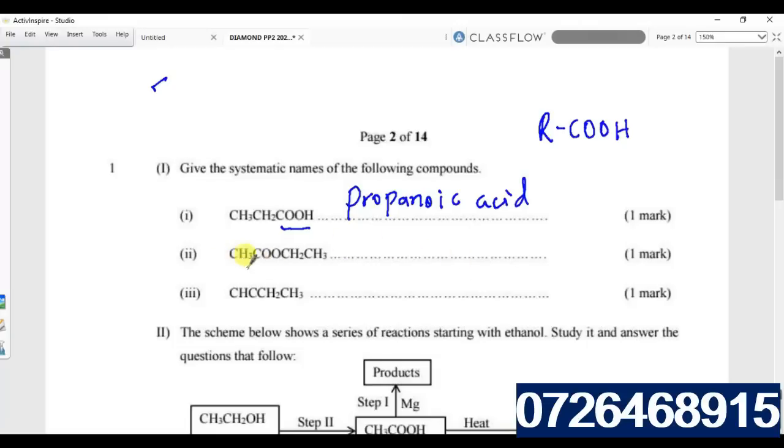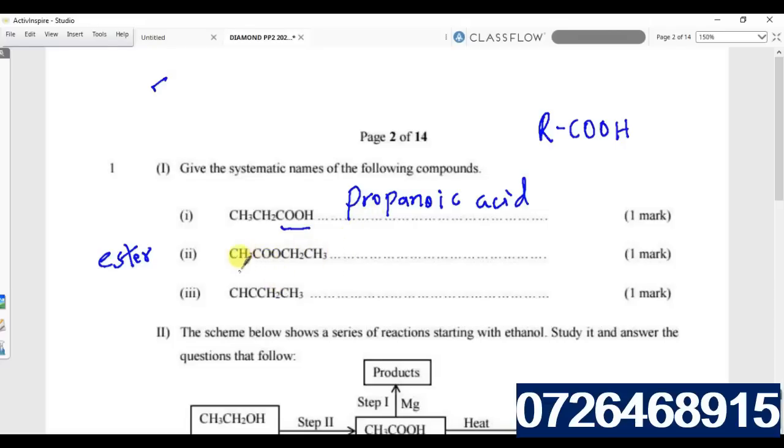The next compound: whenever you see CH and there is a double O in between, you should know that one is an ester. The process of forming it is esterification, where an alcohol reacts with an alkanoic acid in the presence of concentrated sulfuric acid.